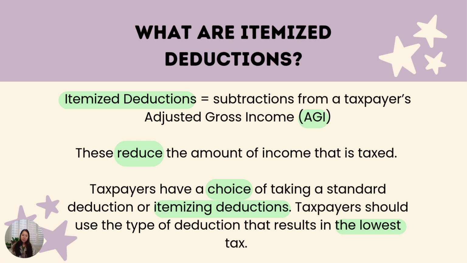And these specific subtractions correspond to specific expenses that the taxpayer may have incurred during the tax year. And these reduce the amount of income that is taxed. Taxpayers have a choice of taking a standard deduction or taking the itemized deductions, as we've mentioned, and taxpayers should choose either the standard or the itemized, depending on which deduction results in the lowest tax.